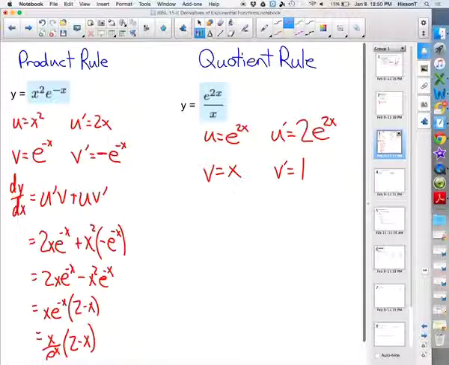Gotcha. That e to the whatever stays the same, and it's just times whatever the derivative of the exponent is. Then we have to use the quotient rule. Why don't you try to go ahead and finish that off?